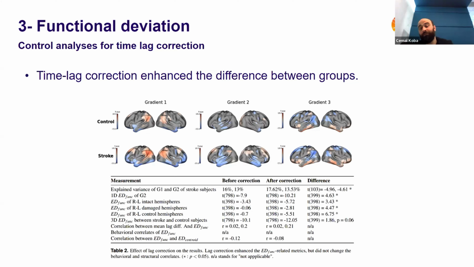But shifting the time series actually enhanced the differences between groups. To me, that can be interpreted as this step actually eliminates the noise and enhances the group level differences in functional profiles. But this is specific to functional related analysis, fMRI related analysis.